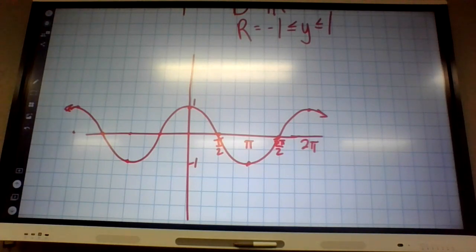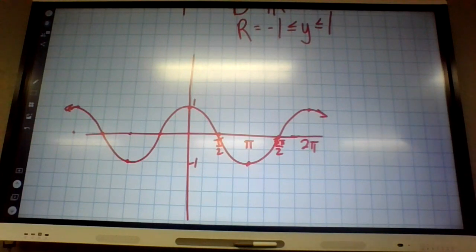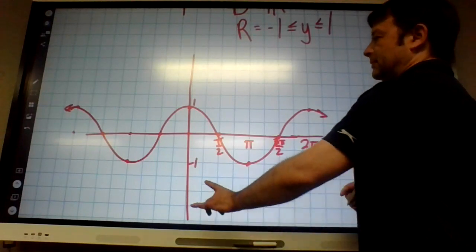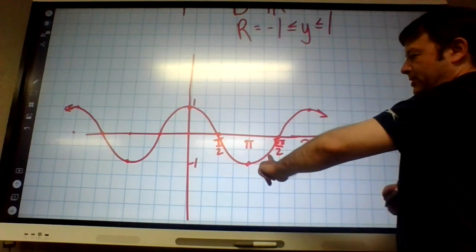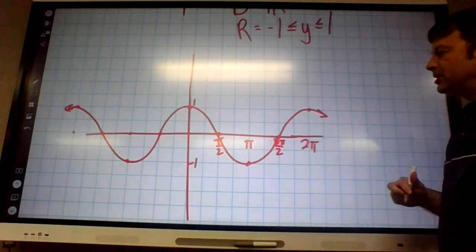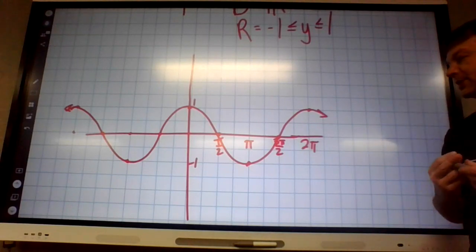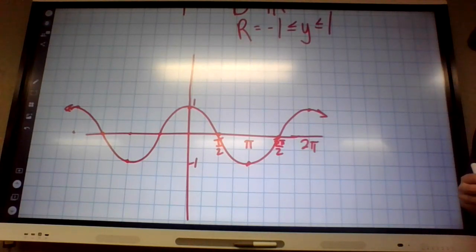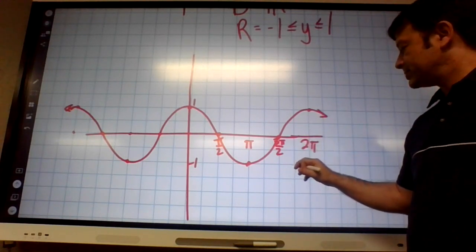You don't have to use the same graph. Do you know what the period is on this graph? It's at the top right here, and how long before it gets to the top again? 2 pi, so the period is also 2 pi for this one. They didn't really ask that, but what they did ask is the domain and range.